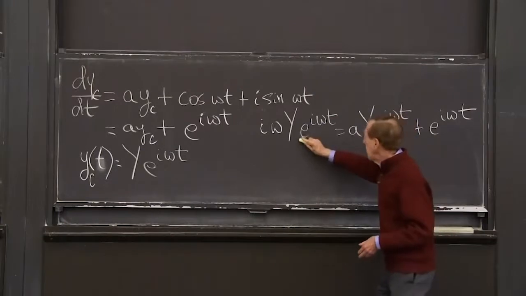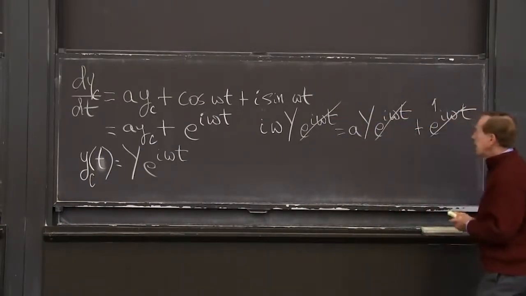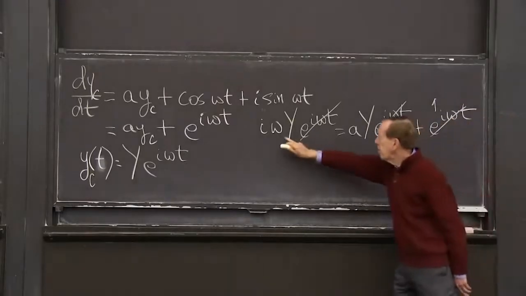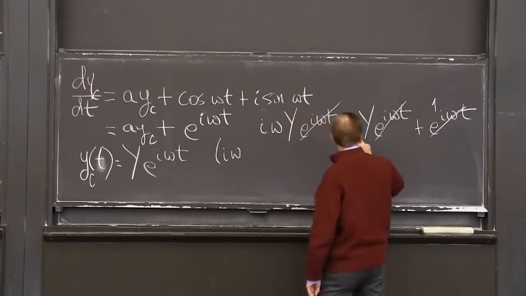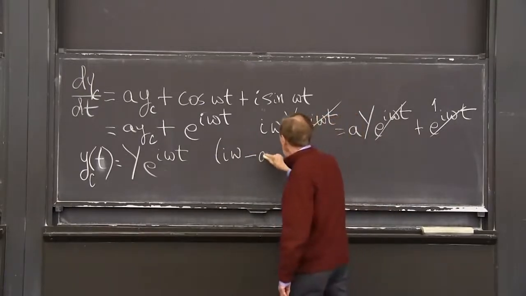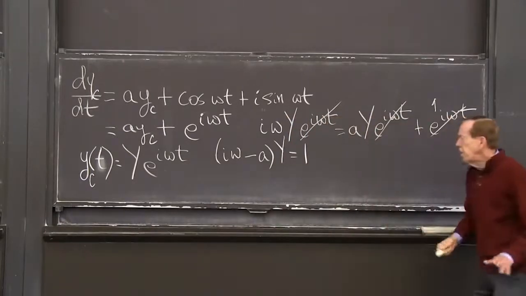Okay, and the beauty is we divide everything by e to the i omega t, and then we get a simple equation: i omega, bring the a on the other side, times Y is 1. Good.